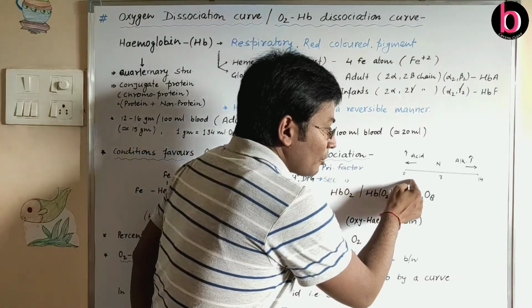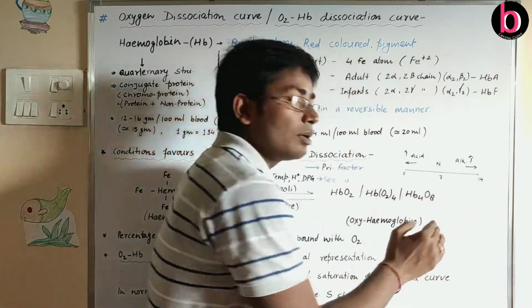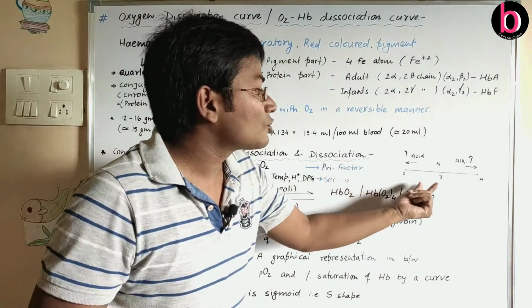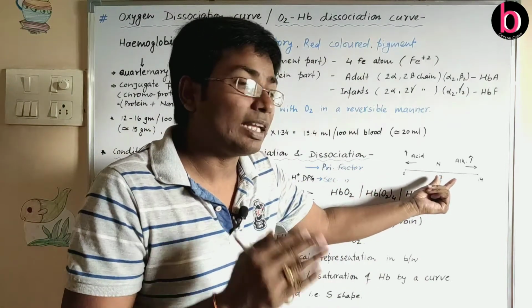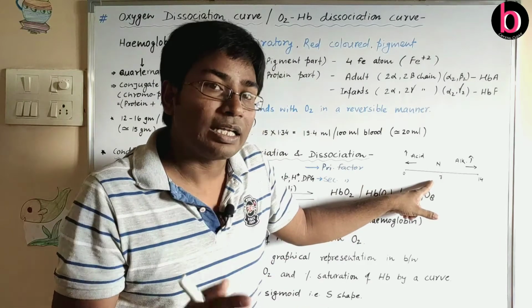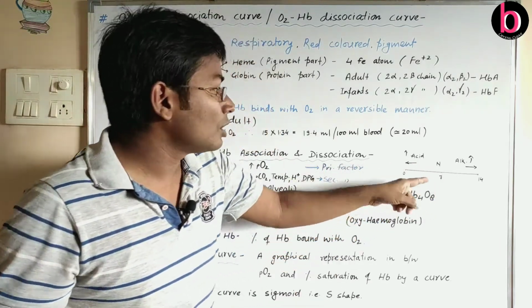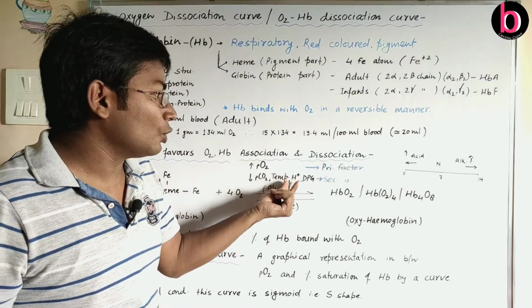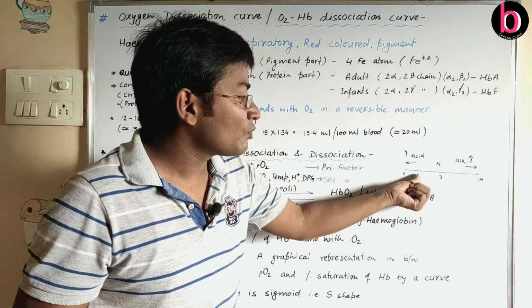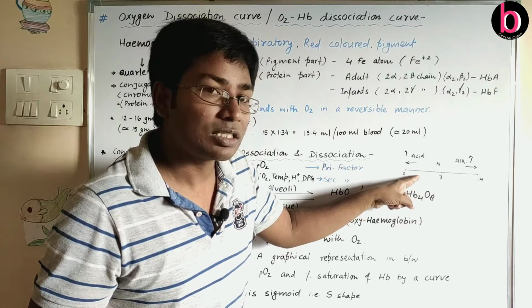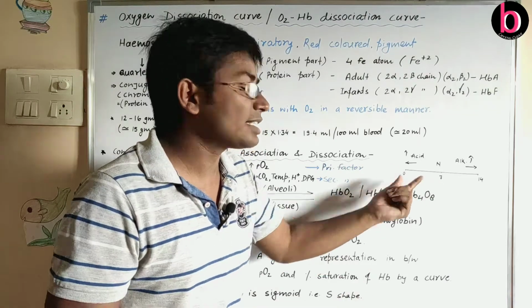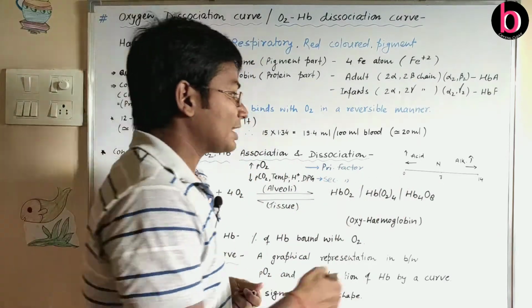Again, when we are moving from here to here on the pH scale, the pH value gradually increases but acidity decreases. Why? Because H ion concentration decreases. So H ion concentration is low, and pH is high.